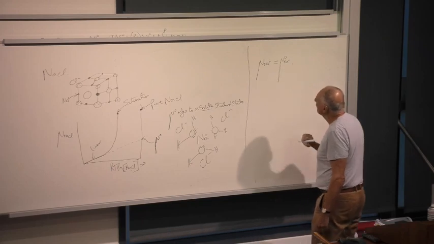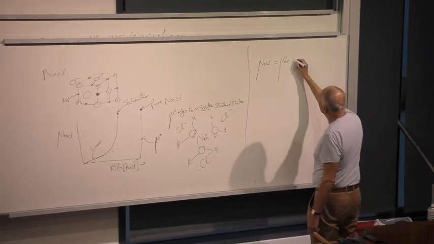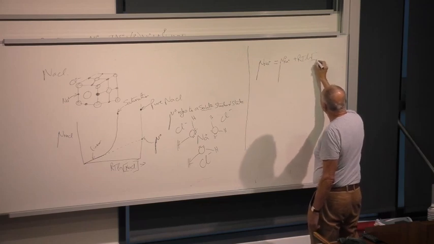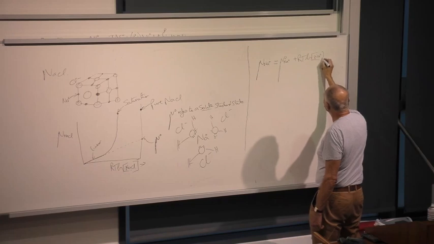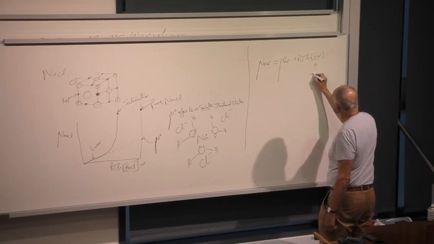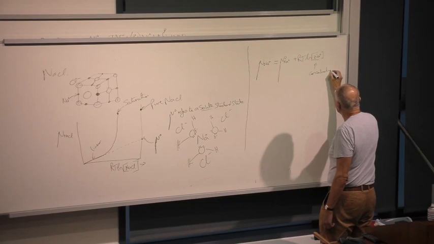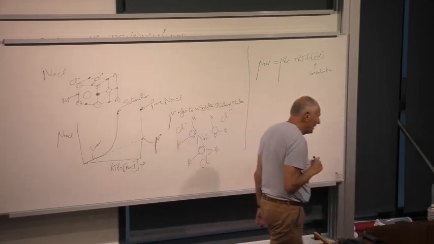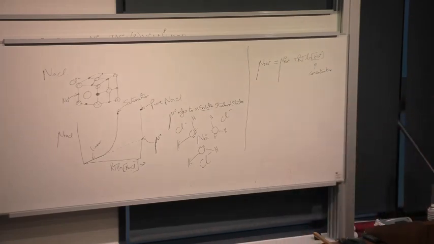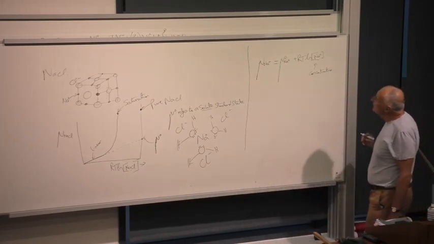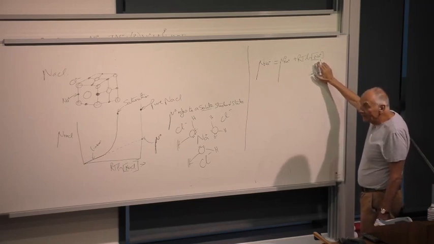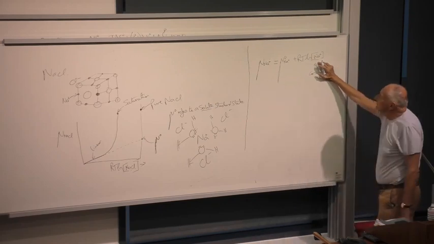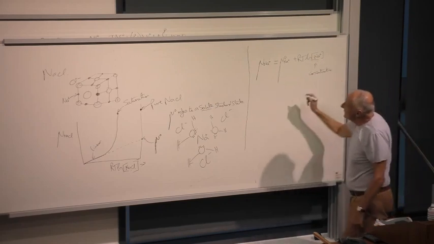Mu Na plus will equal mu 0 Na plus plus RT ln concentration of Na plus. Okay, so this is the concentration, all the while taking advantage of this extrapolated standard state. Okay, so in theory, when Na plus is 1, whatever that is, I'll tell you in a moment, we're in our standard state. Okay? Now, this is the concentration.